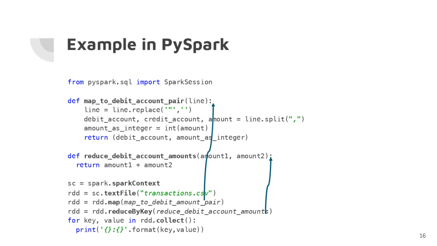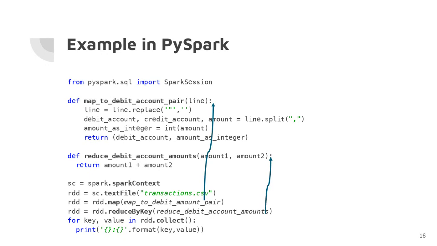And then you return a single key value pair, where the first element is the account code, and the value element is the amount stored as an integer. And so first you map that, and then you have your reducer. The reducer function just takes two values. So in this case, it's the total amount, and you just take the sum of those two amounts.